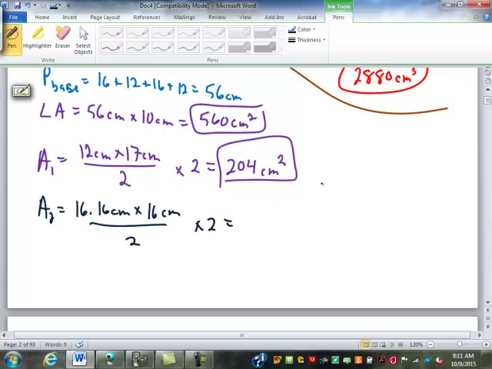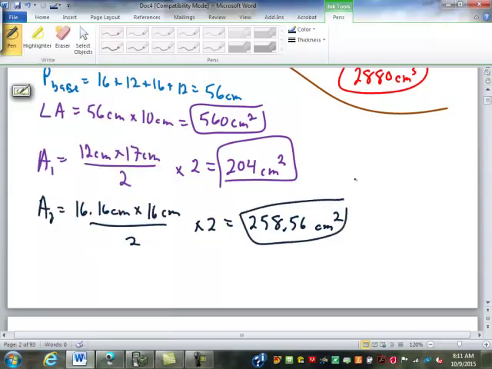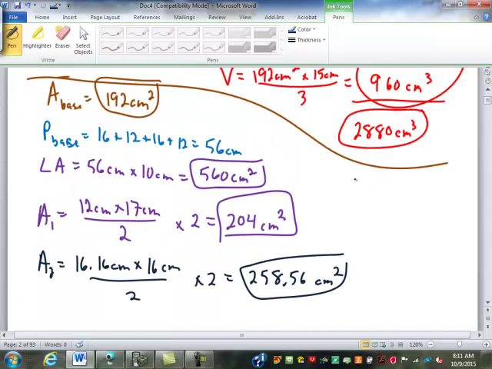Which is what, 256 or 258.56? Does that look right? Centimeters squared. 16.16 times 16. 258.56. Perfect.